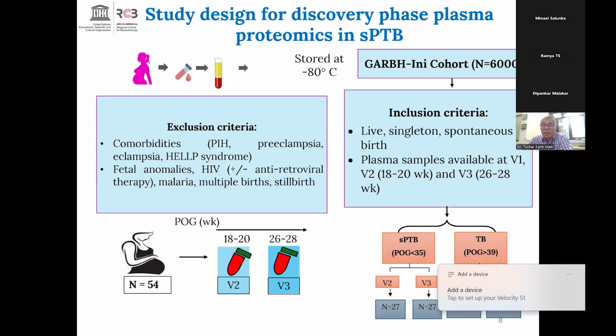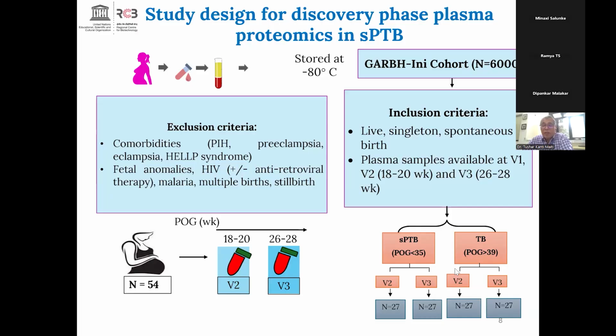Anything greater than, say, 39 weeks is considered as a term birth in our sample analysis. We have taken 27 pairs for every time point, preterm versus term birth, and subsequently we performed the proteomics experiment.